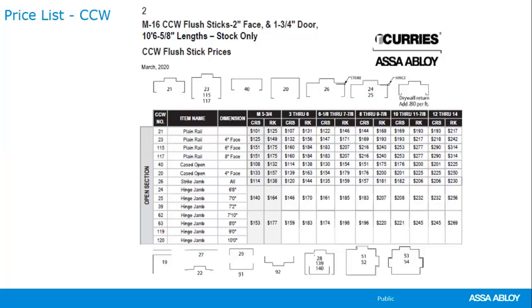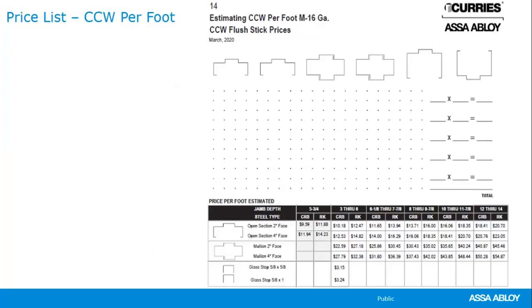One thing with our price book, all of the prices in our price book are list price, and you will need to add your discount. The one nice thing also that Curries has in their price book is the per foot pricing for sight lights, bar lights, different configurations of frame material.